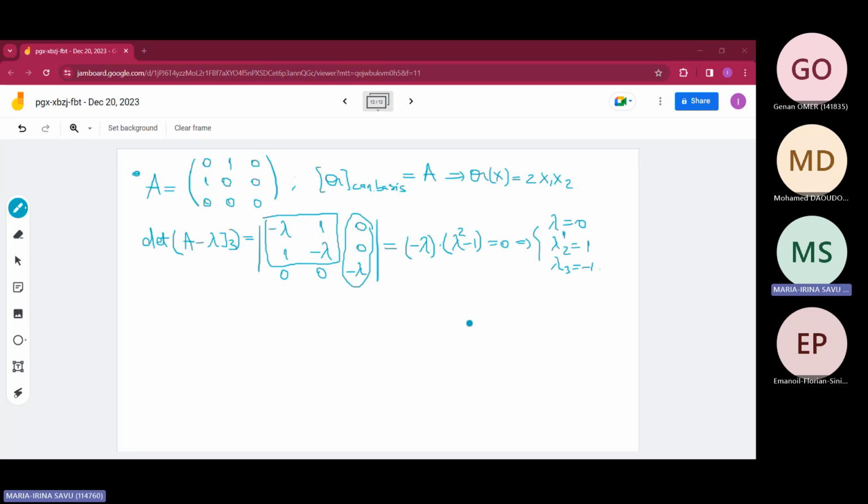So the canonical form of Q won't be 0. So the canonical form of Q is 0 if and only if the matrix A is 0, so Q must be 0. Okay, did you get the idea?